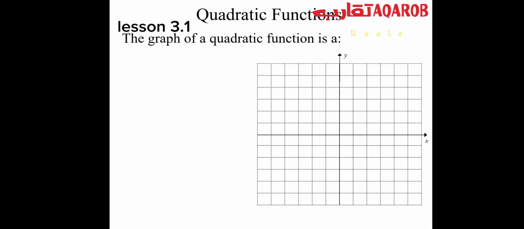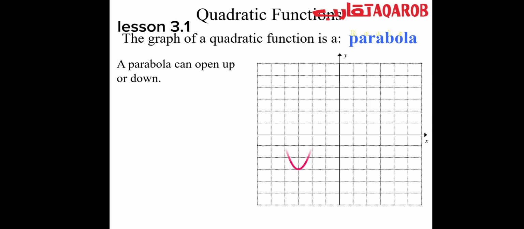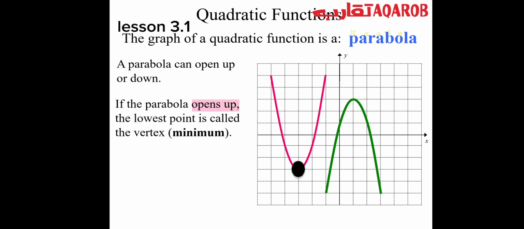Now, going to the quadratic function's graph, the graph of a quadratic function is called a parabola. It actually has two shapes, one of them looking upward and the other one looking down. Now, it's open up or open down.